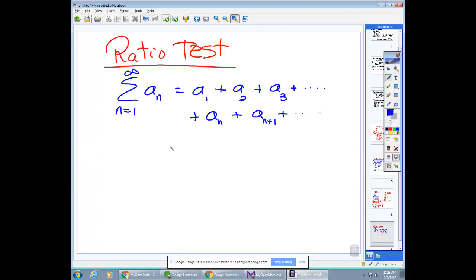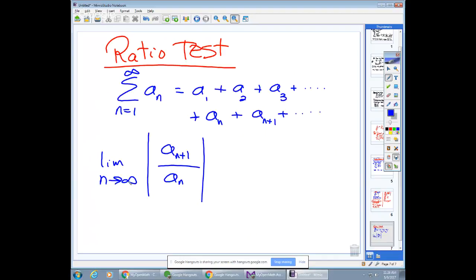So I'm going to say let our term be a sub n plus 1. The term before it would be a sub n. Alternatively, you could do n and n minus 1, but this is the way it's usually written. Now, the series could change sign, so we just take the absolute value of it to get rid of any sign changes to simplify it. And then we take the limit of this as n goes to infinity.